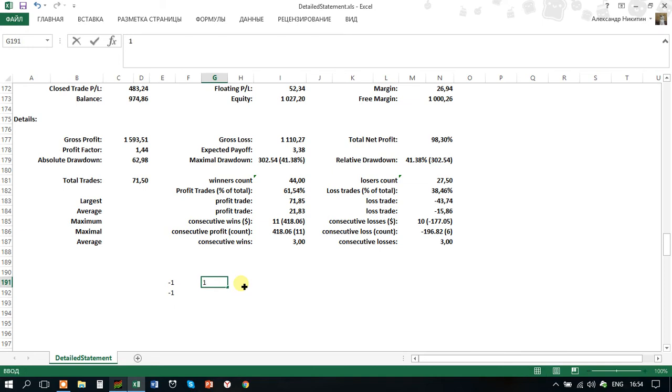Outcome number 2, the winning trades. I win $1, this is my first position, and I win $1, this is my second position, in case I hit 2 targets. And the next outcome is this. I win $1, but then the price reverses and I win 0.